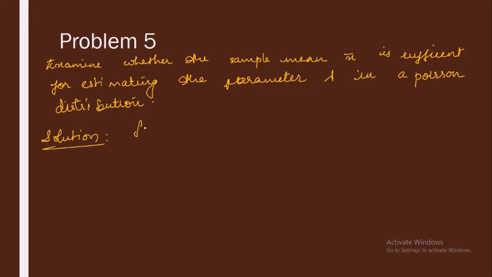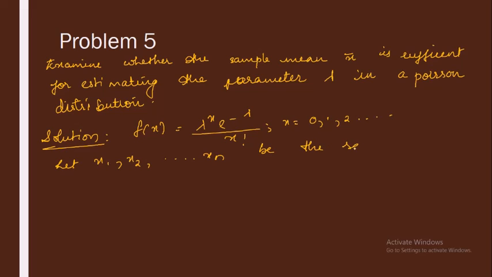We know that the density function is equal to lambda raised to x, e raised to minus lambda, divided by x factorial, where x takes the values 0, 1, 2, etc. Now let x1, x2, etc., xn be the sample taken. Now you write the likelihood function L of x1, x2, etc., xn, lambda, which is equal to the product for i equal to 1 to n of f of xi, comma lambda.